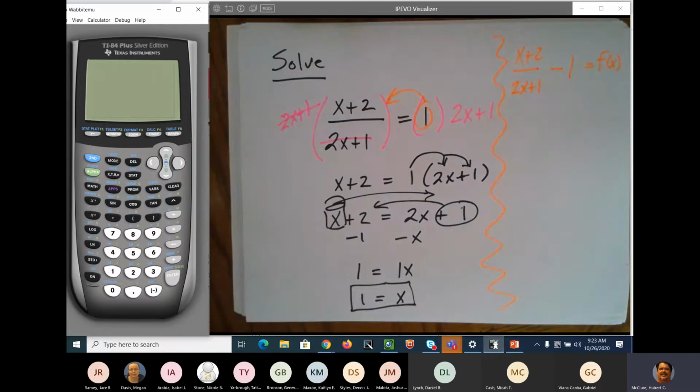So that would be y is equal to, open parentheses, x plus 2, close parentheses, divided by, open parentheses, 2x plus 1, close parentheses, and then minus 1.